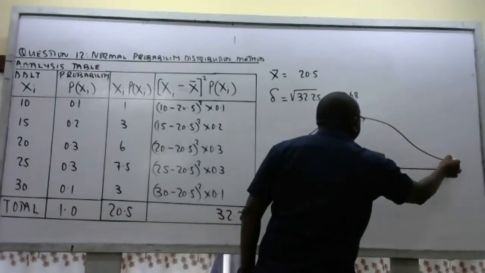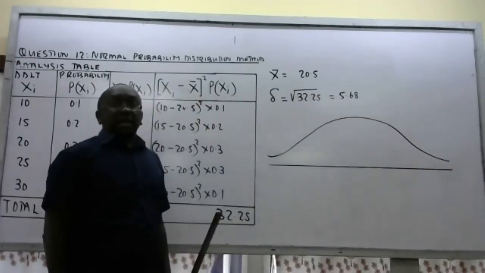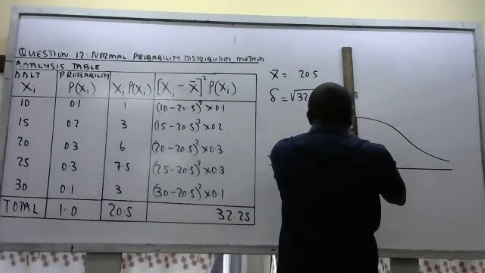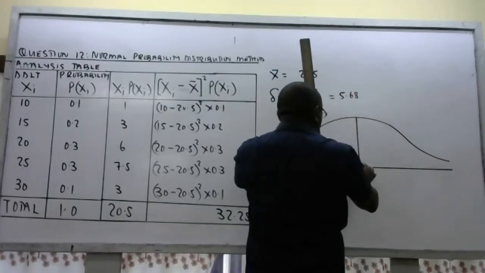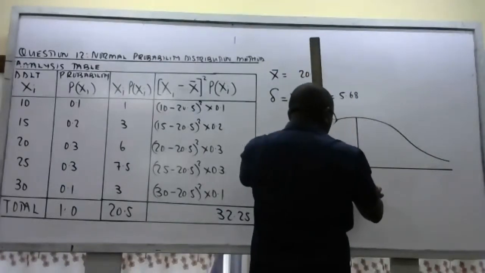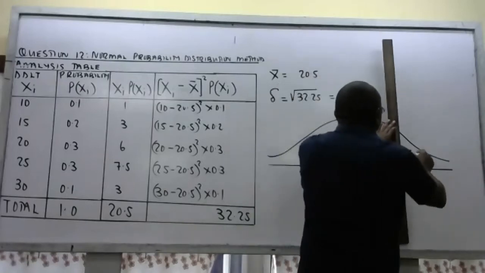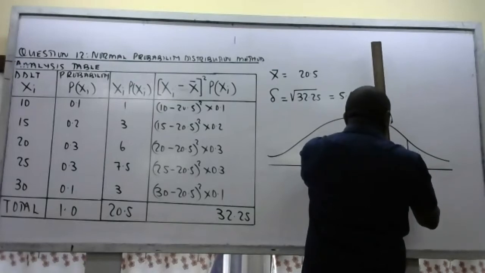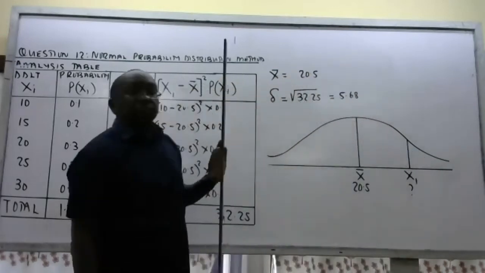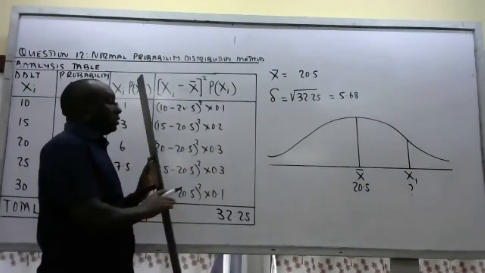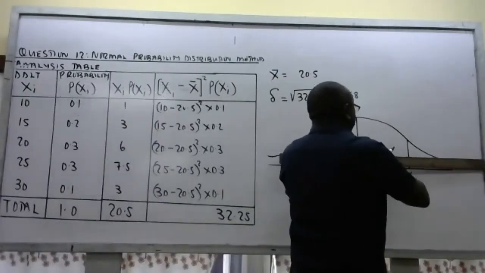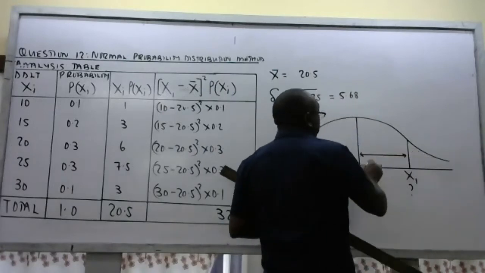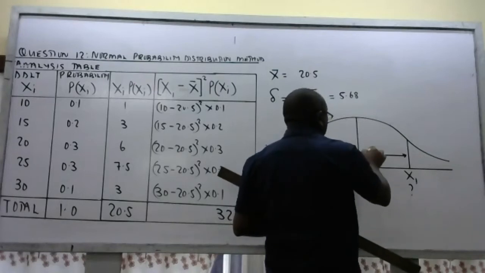And the curve looks like this, whereby on this side we have X bar, which we are saying is 20.5. We are looking for X1, which is unknown. This space here, as we said, will represent safety stock.